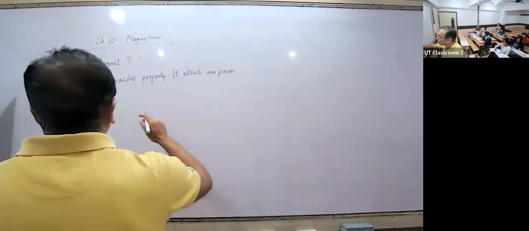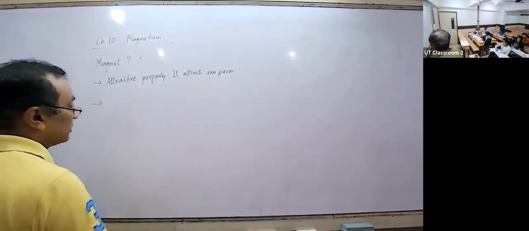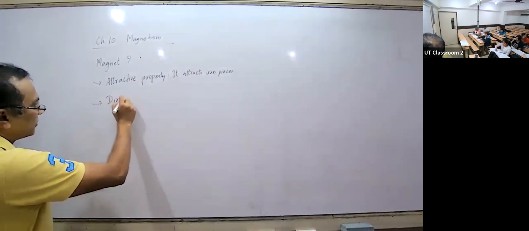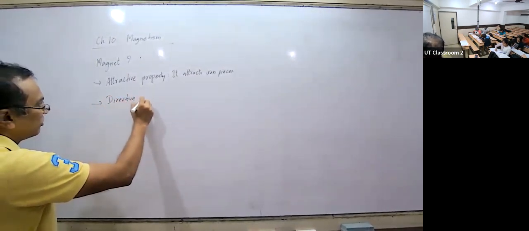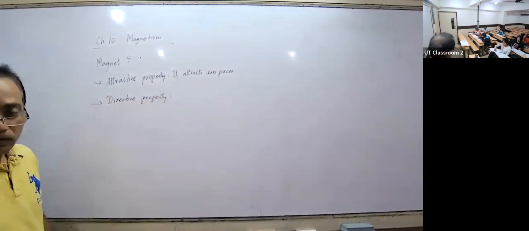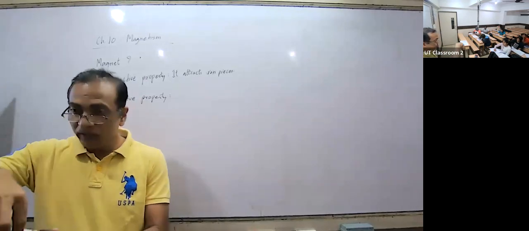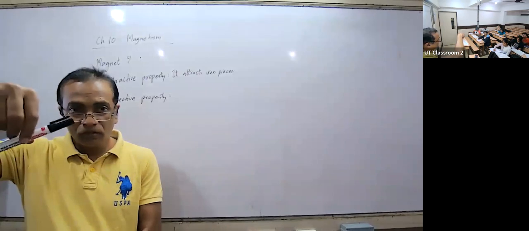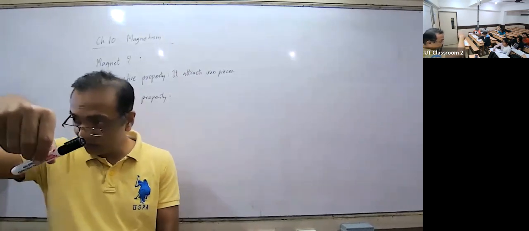Okay. What is the other property of a magnet? It has directive property. What is directive property? Anybody remembers? When it is suspended freely, it will rest in the north-south position, the geographic north-south direction of Earth, right?